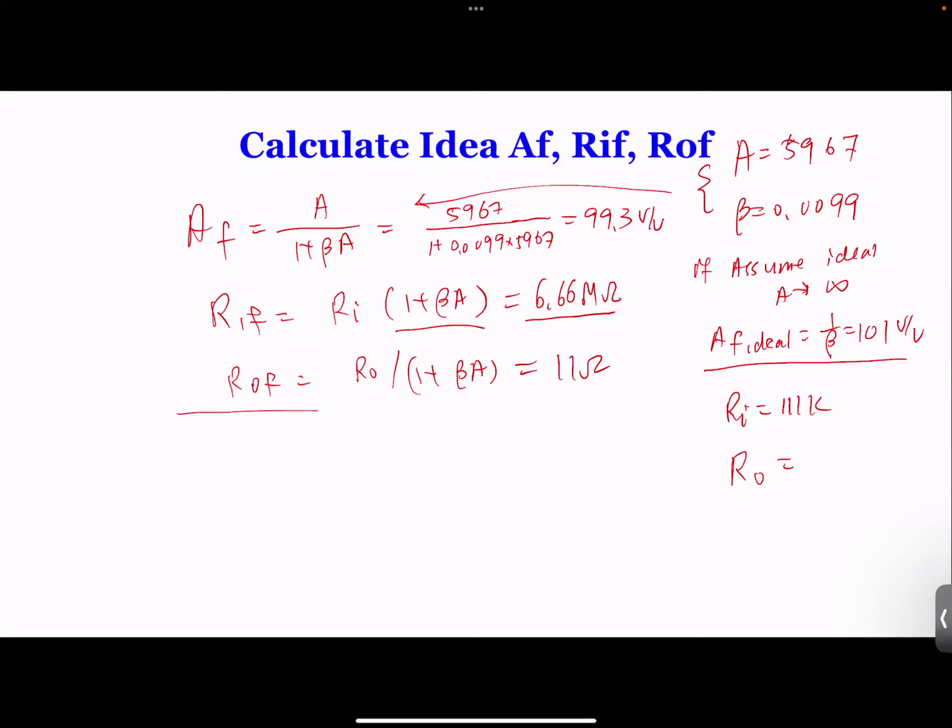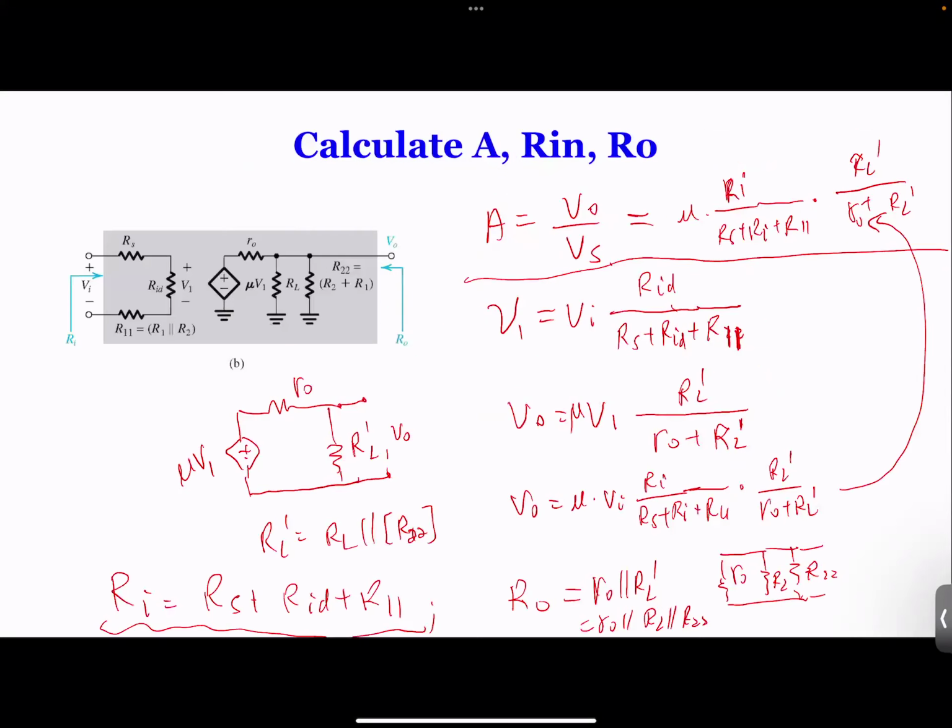So that's the numbers we got from this circuit, and you can even further separate the RS, like here. We have RS. So basically, RS is typically the source resistance. It's not part of the circuit.